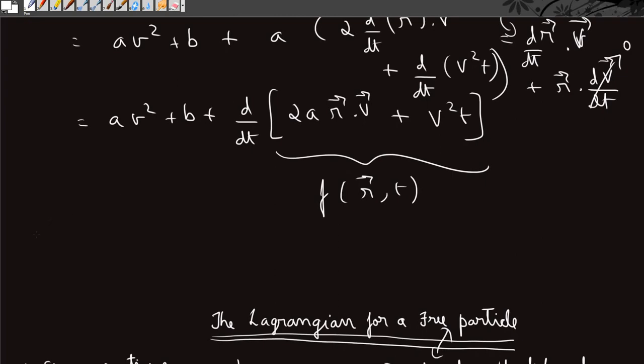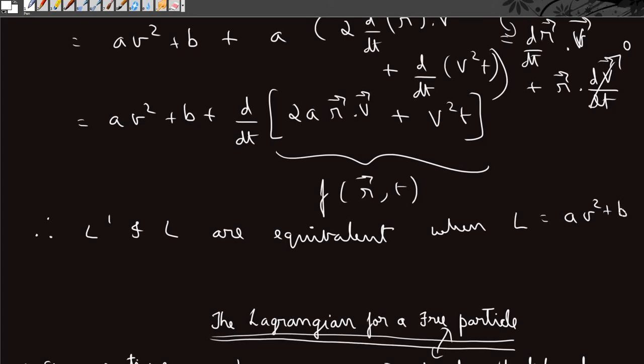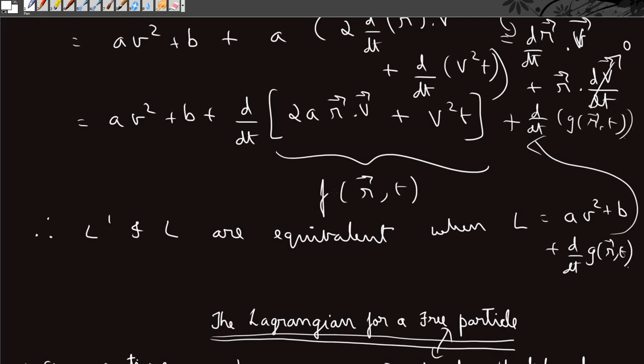Therefore L dash and L are equivalent when L is equal to A V square plus B. And if we had added another function d by dt of g of t, it will simply come as another term, d by dt of f plus g. So nothing changes there.